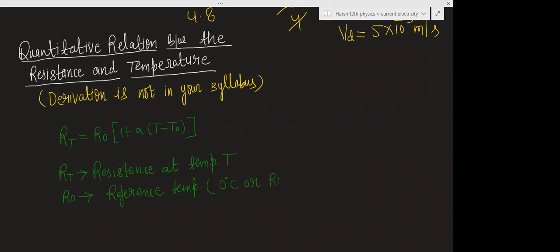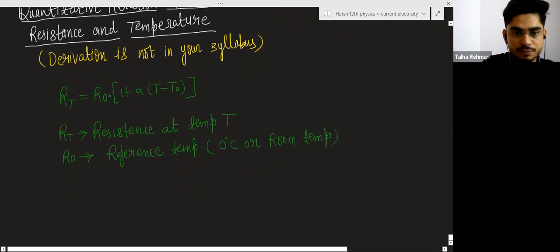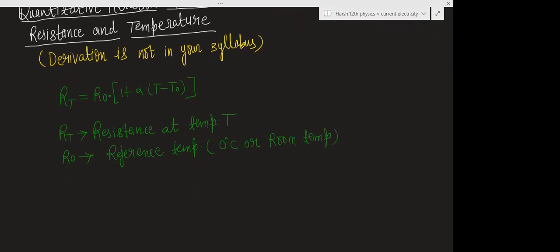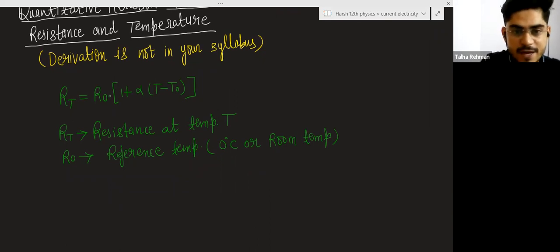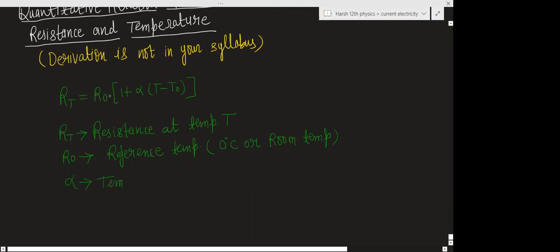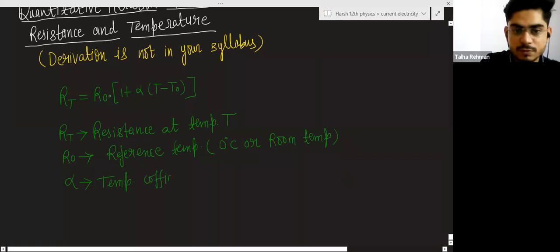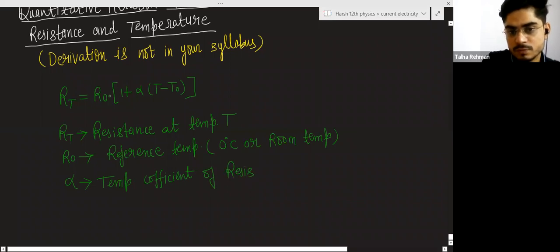Now, T is the temperature at which you want to find the resistance, and alpha is the temperature coefficient of resistance.